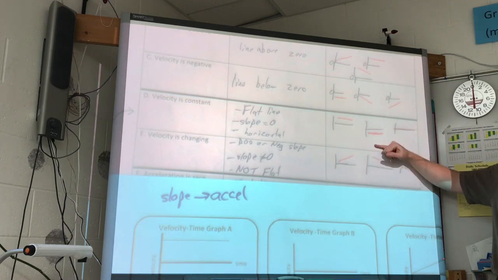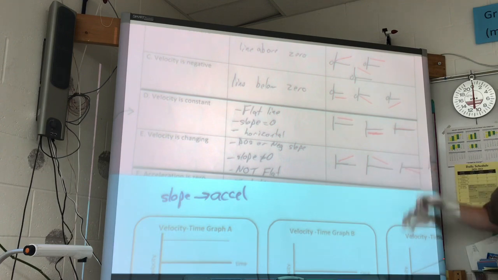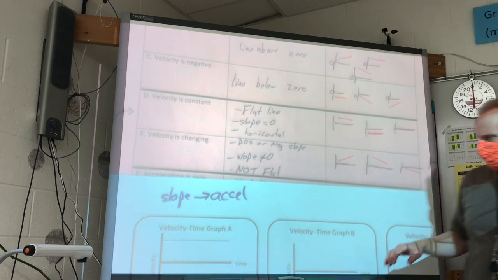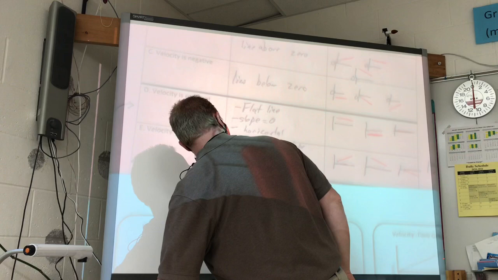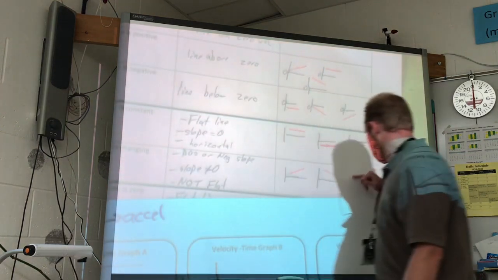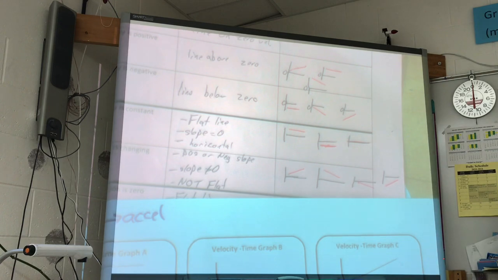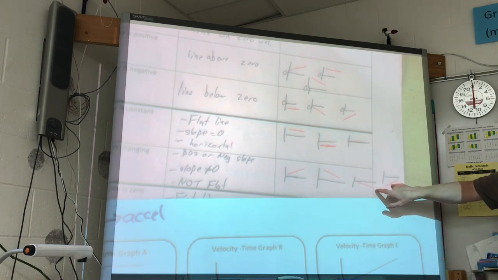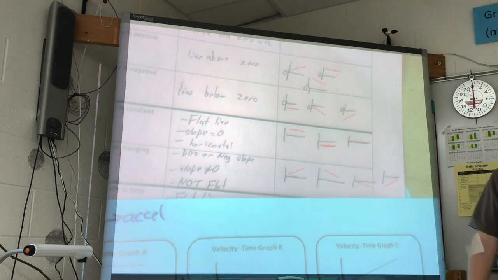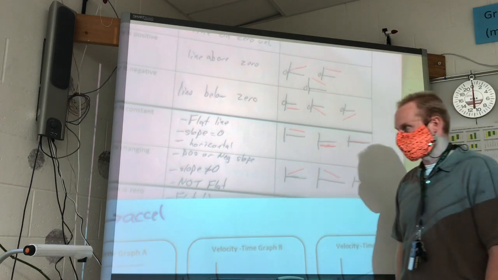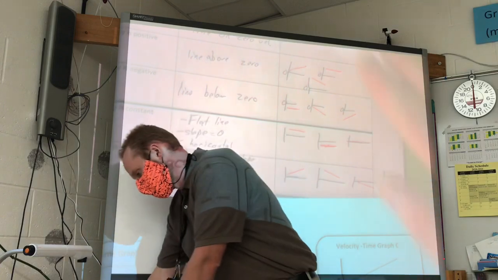It could be above the 0 velocity with a negative slope. Or the other way too: negative velocity, negative slope, negative velocity, positive slope. Those are the 4 choices. This is just telling you it is accelerating.